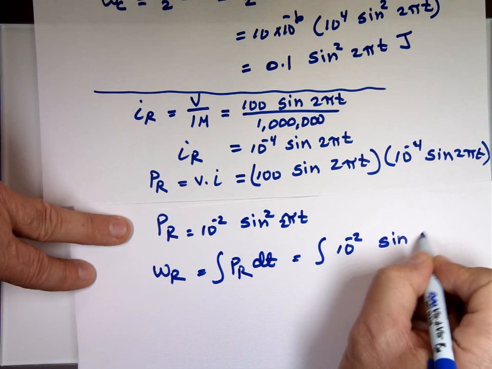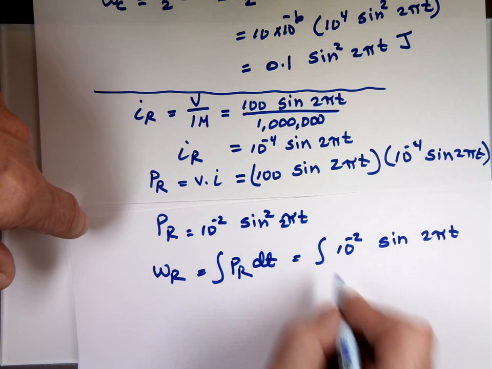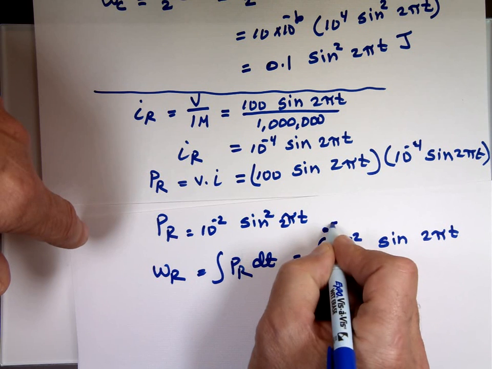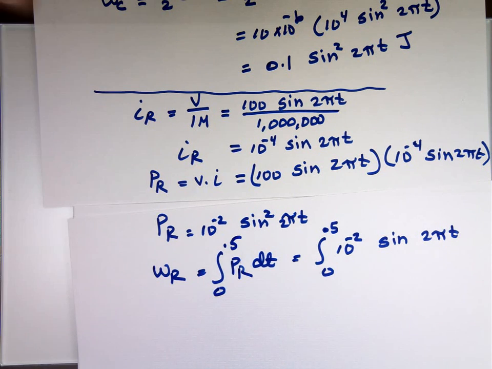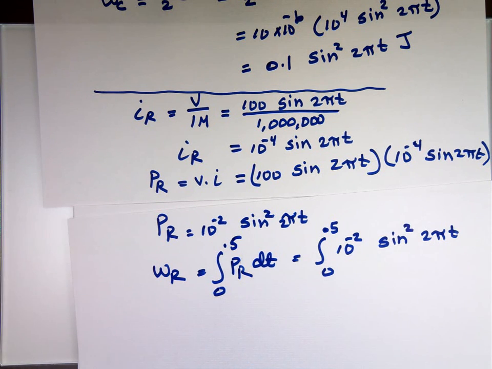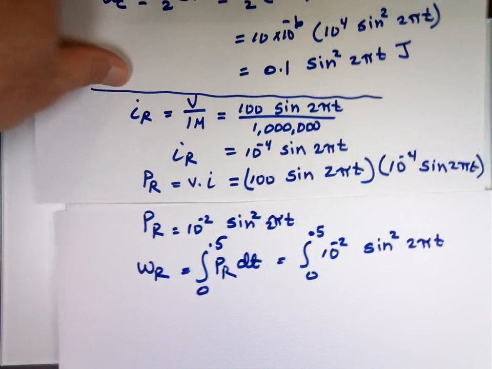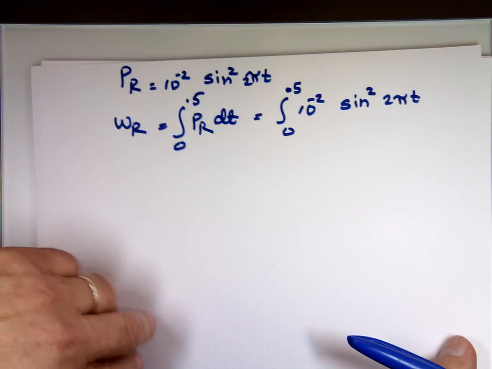But they wanted this power from 0 to 0.5 seconds. That's all they're interested in. You've got the square of the sine. Now, to integrate sine squared, you're in trouble mathematically unless you use the equation and try to break it down.